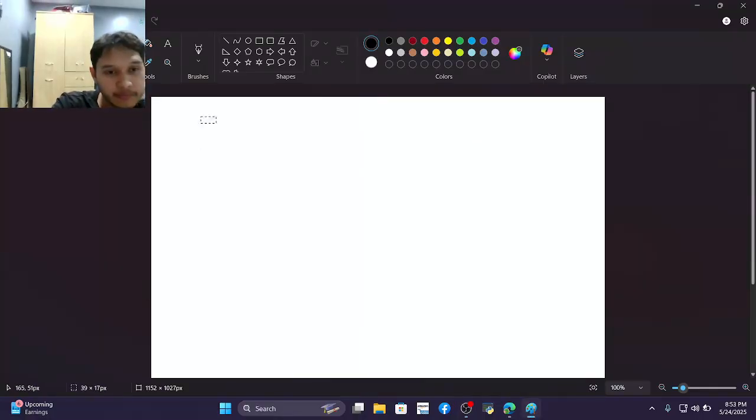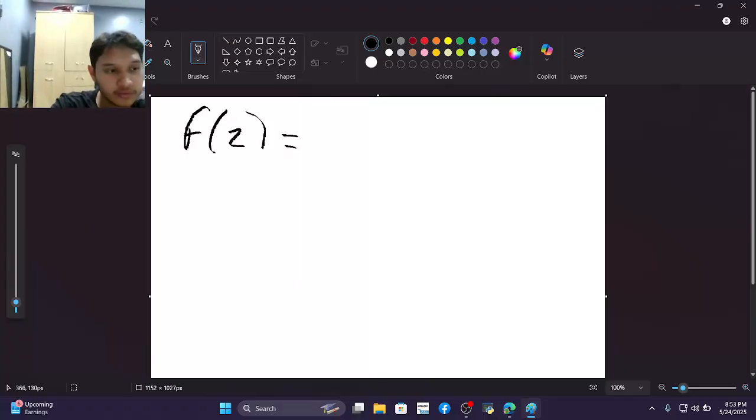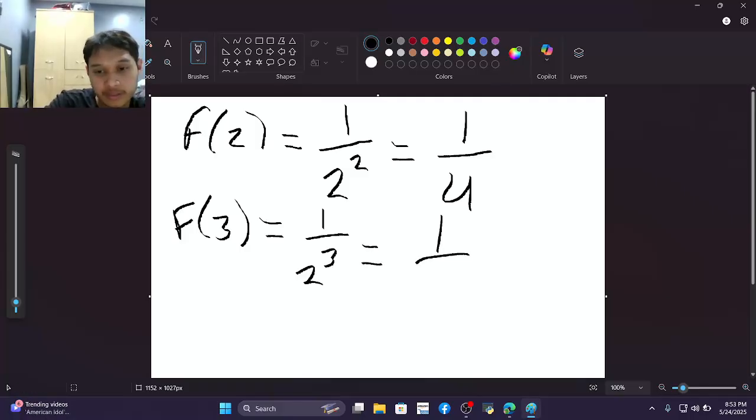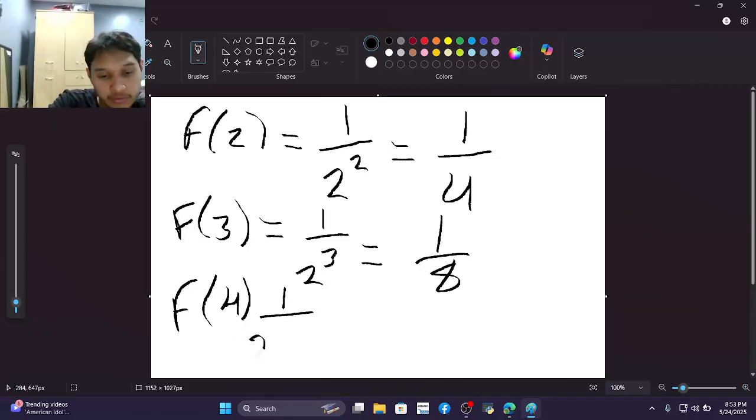Let's keep going. F of 2 will be 1 over 2 squared, 1/4. F of 3 will be 1 over 2 cubed, 1/8. And for 4, this will be 1/16.